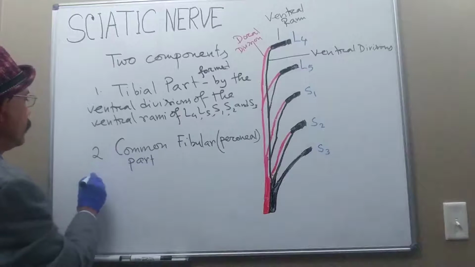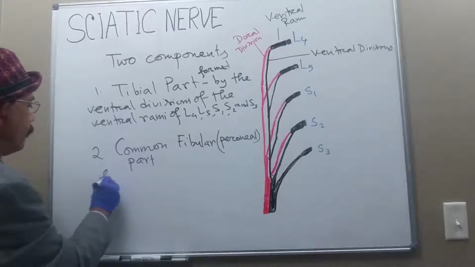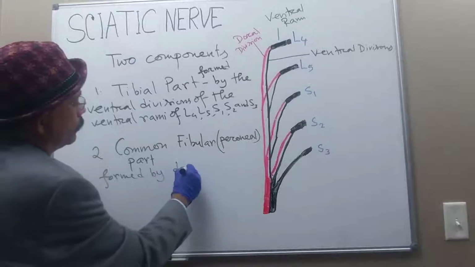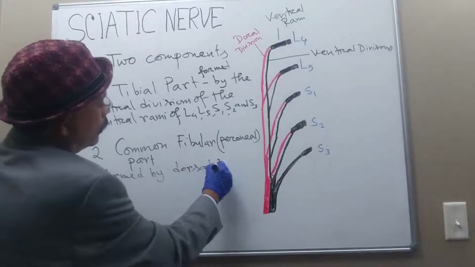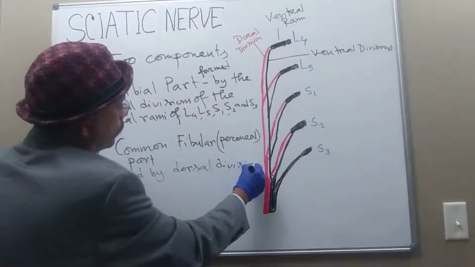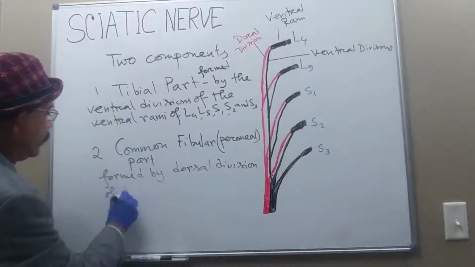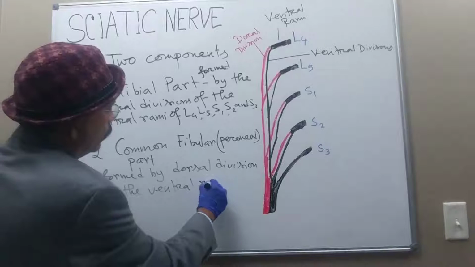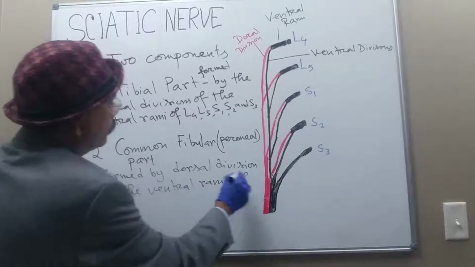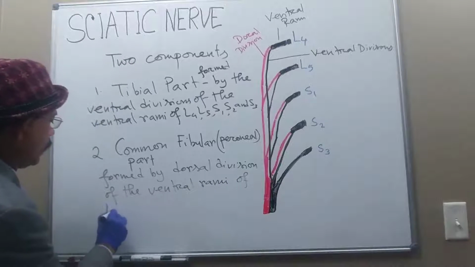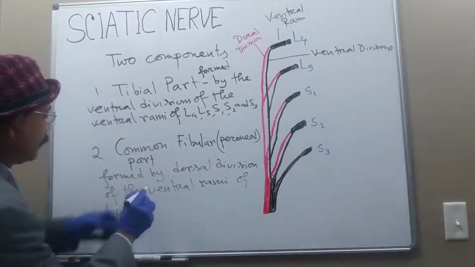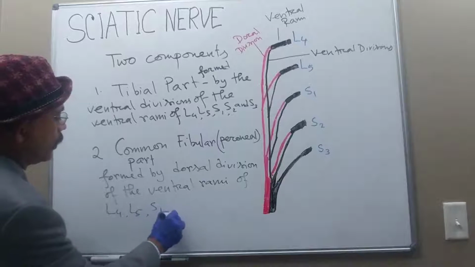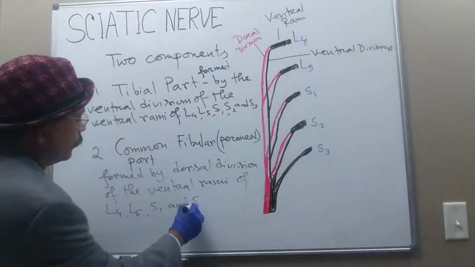The common fibular part is formed by the dorsal divisions of the ventral rami of L4, L5, S1 and S2.